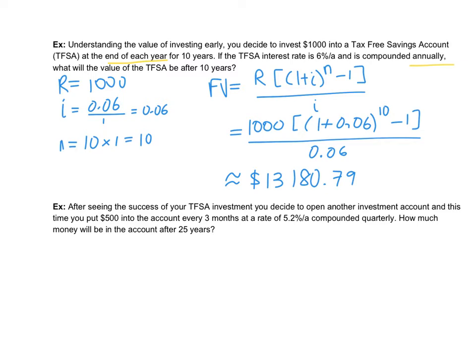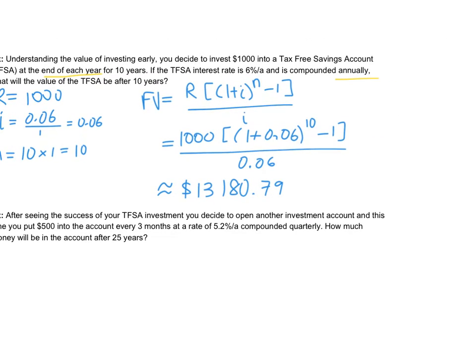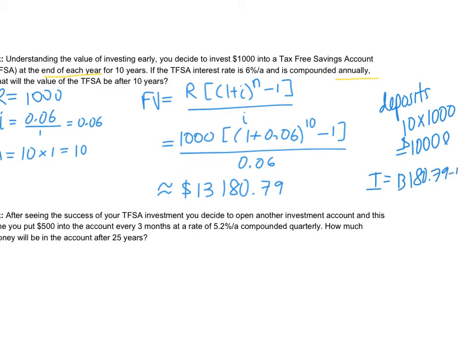And if I wanted to figure out how much interest was earned, I could just figure out the number of deposits. So I have 10 deposits in total, and each one was $1,000. So that's $10,000 that at the end of the 10 years, this is how much I actually put in. To figure out my interest, I could just subtract the future value, subtract my deposits.